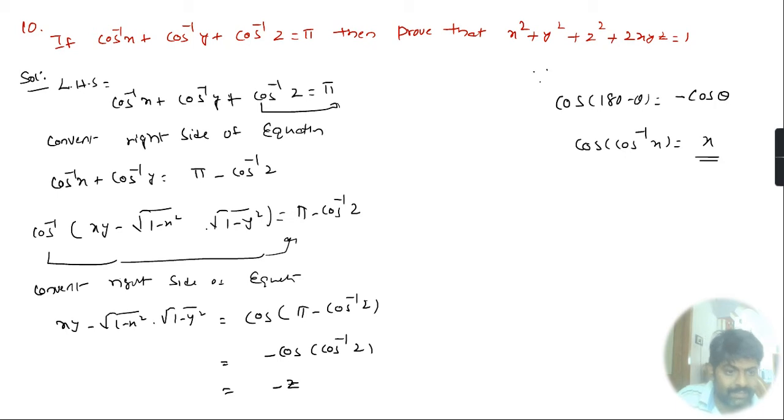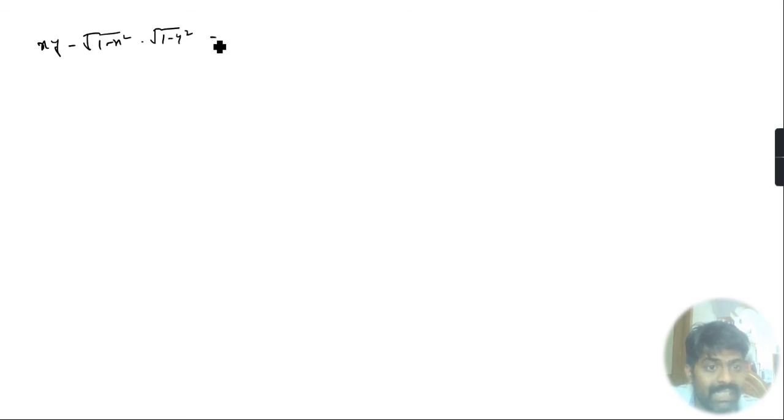So that is xy minus root of 1 minus x square into root of 1 minus y square is equal to minus z. Therefore we get xy plus z equal to root of 1 minus x square into root of 1 minus y square.